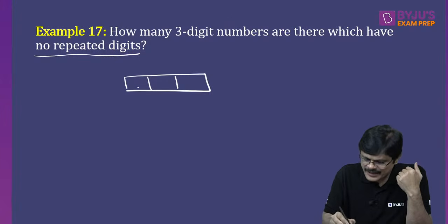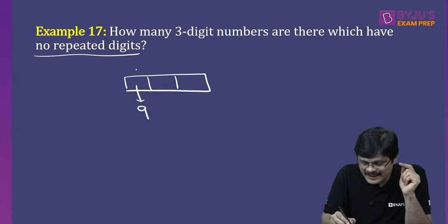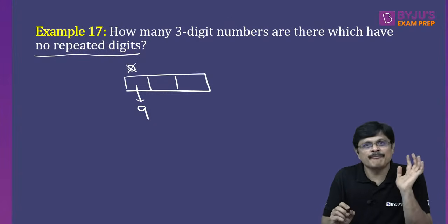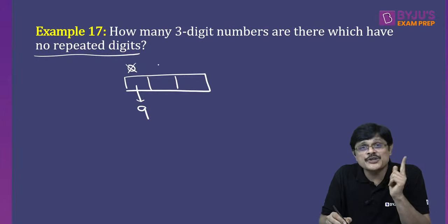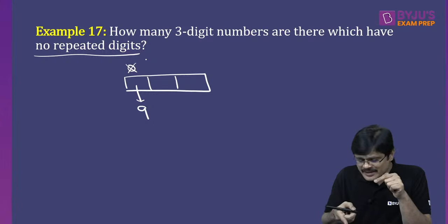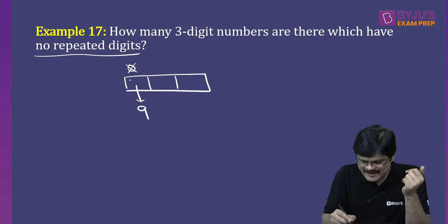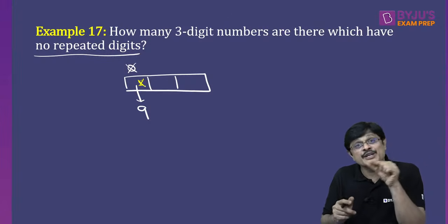Yeah. So here, no repeated digits, first we can fill in, because the first position cannot be 0, 9 choices, but in the second position 0 can come. So other than 0, how many more are there? Whatever digit is filled, that is ruled out, because repetitions are not allowed. For example, suppose it is 5, 5 is ruled out, but 0 is allowed.